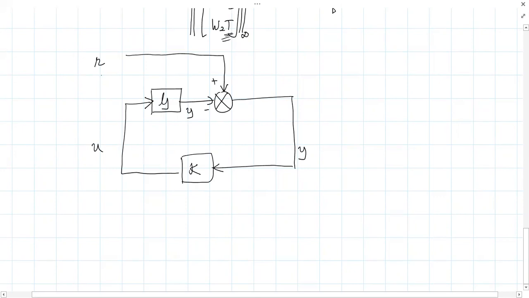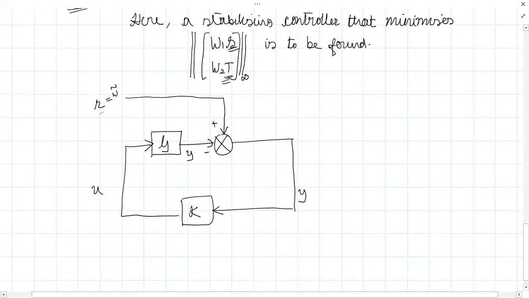It's a tracking problem. That is why we are now having a non-zero reference signal R. That means that will be our exogenous input. So tell me, where should we draw regulated outputs from in S by T mixed sensitivity optimization? What does your gut feeling say?